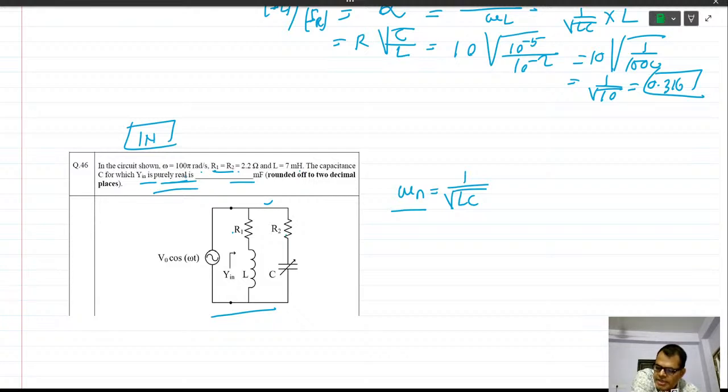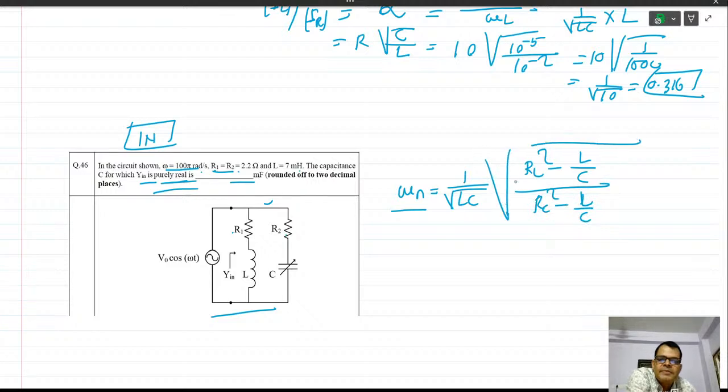That means this frequency omega is your resonance frequency, and equating with it you can get the result.